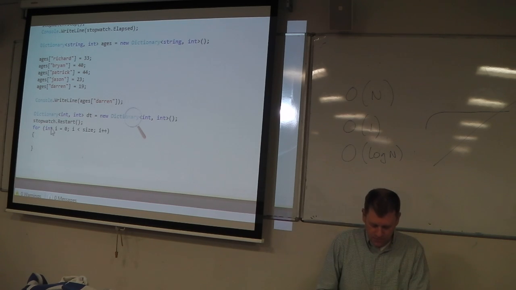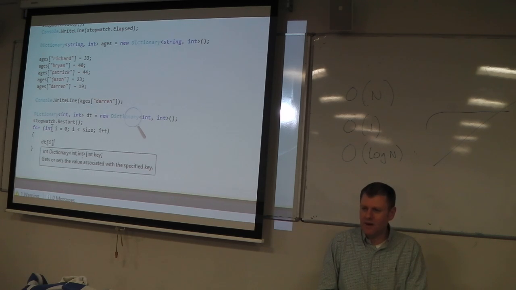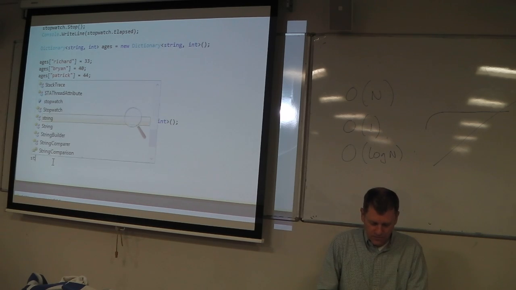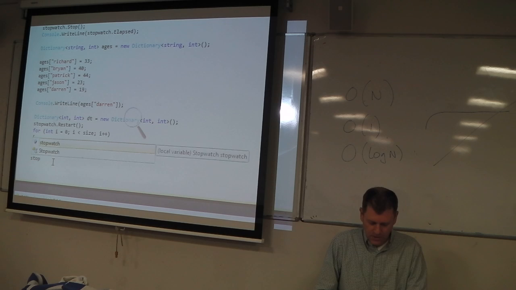I'm just going to set DT[i] = i. So this is kind of hacky, right? I'm just mapping ints to ints, just for a test. Normally you would map some sort of key to some sort of object or a reference. So I'm just going to create 100,000 entries in the hash table. And then I will stop this. Stopwatch.Stop, and then we'll just print out how long that took.